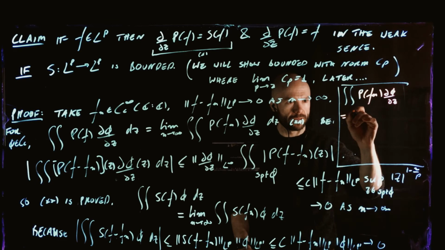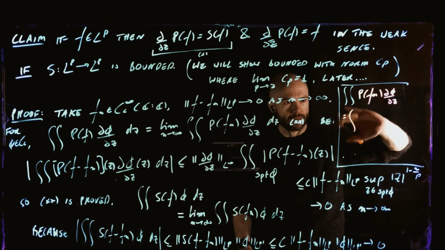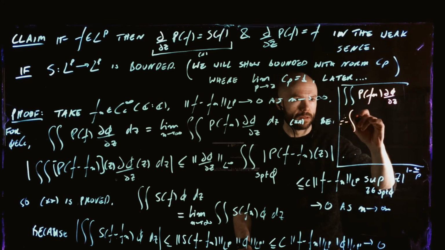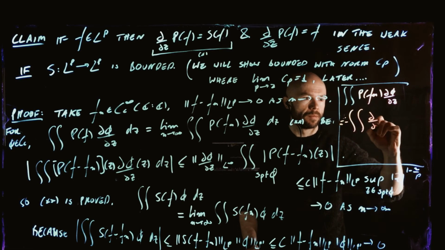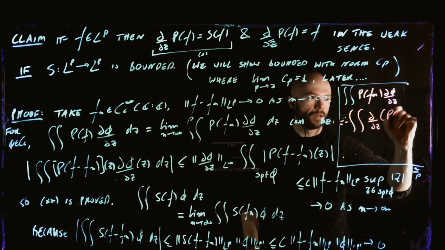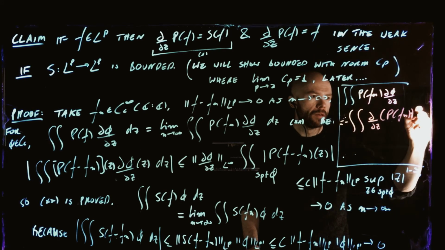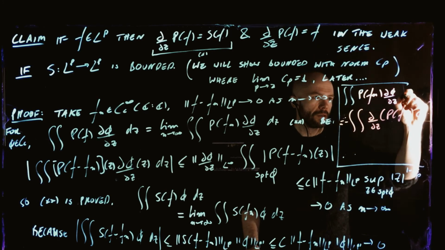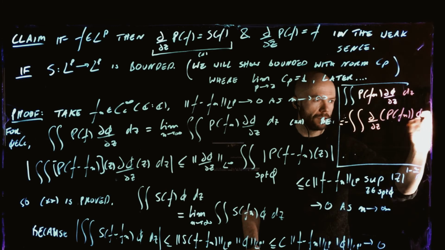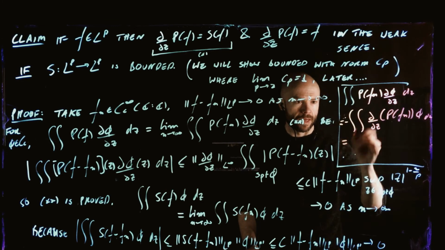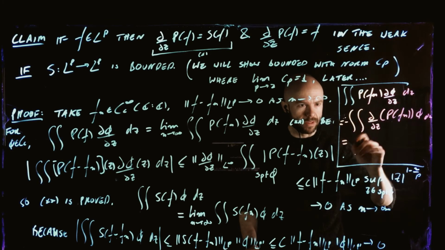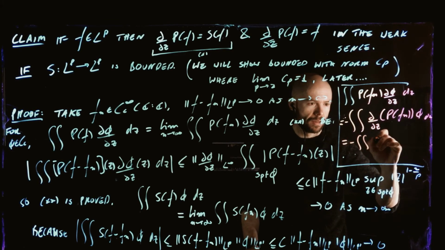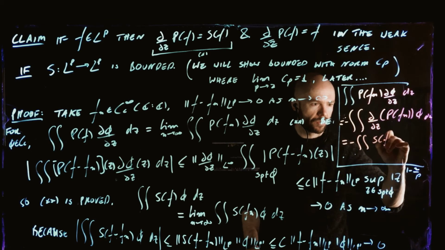So we can put this on the other side, with a minus sign here, d by dz bar of P of Fn, like this. This is dz, this is dz. And then we use the fact that now we're in this smooth world, we can use the identities that we know. So then this is minus, and then this is just the Beurling transform of Fn.